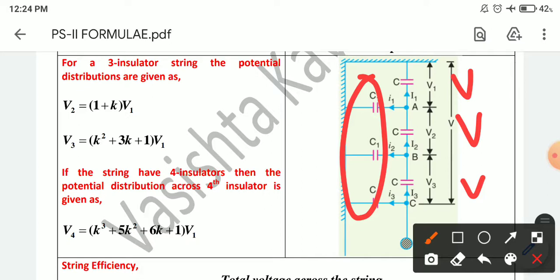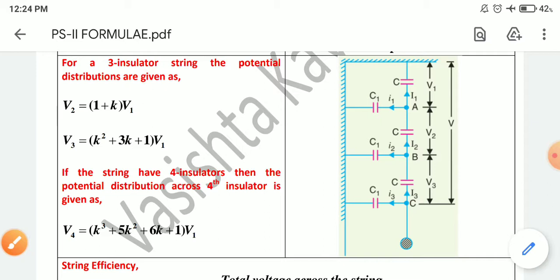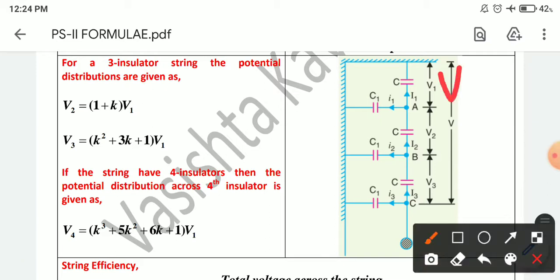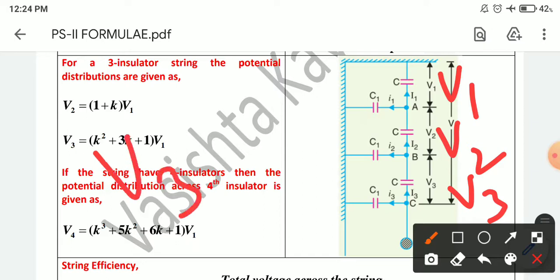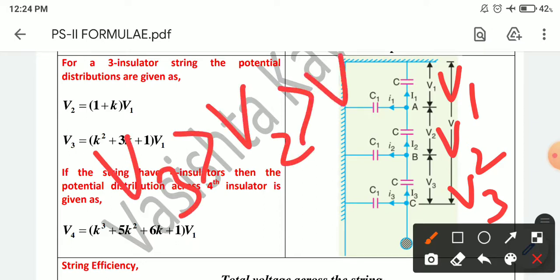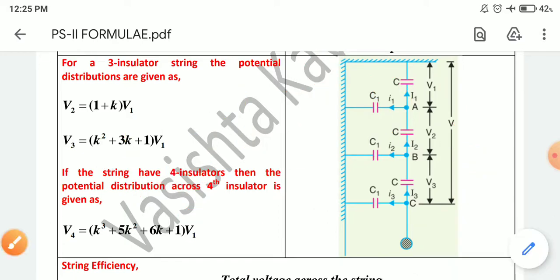But because of the presence of shunt capacitance, the voltage distribution becomes non-uniform. Therefore, different voltages V1, V2, V3 are set up across the different discs. V3 is greater than V2, which is greater than V1, where V1 is the voltage of the disc near the cross arm and V3 is the voltage of the disc near the conductor.